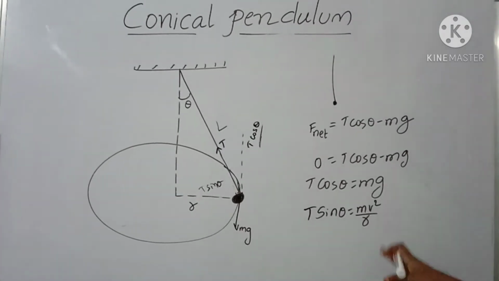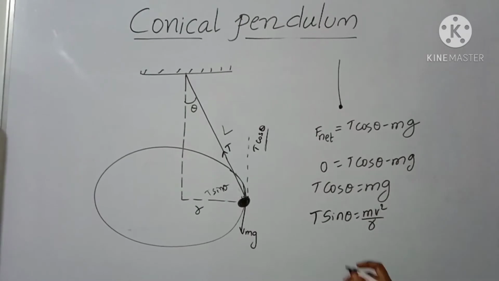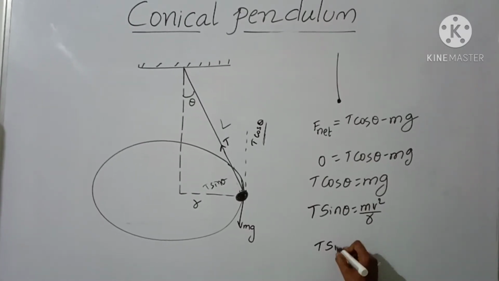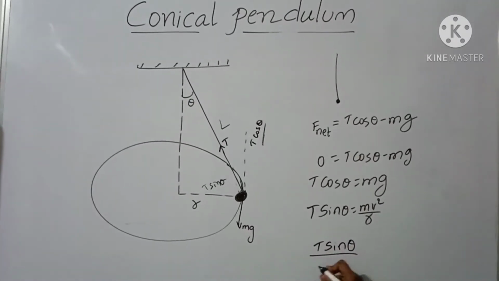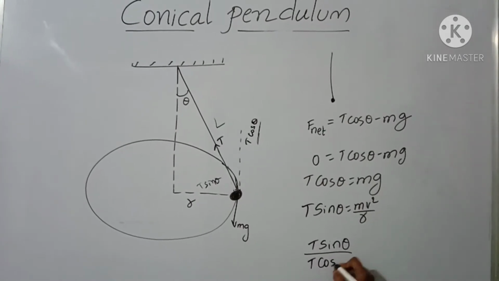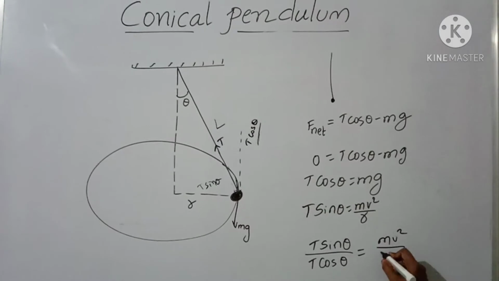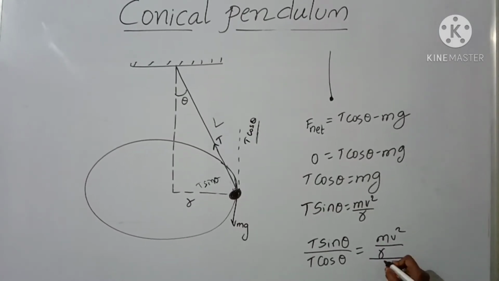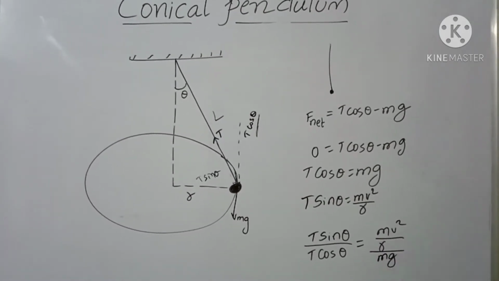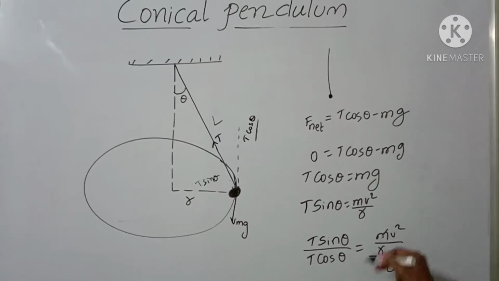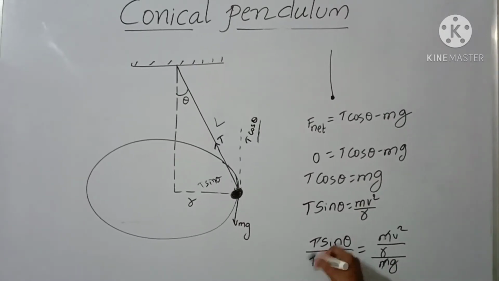Now dividing these two equations, the second equation divided by the first equation: T sin theta by T cos theta equals mv square by r by mg. Here m cancels, T cancels.